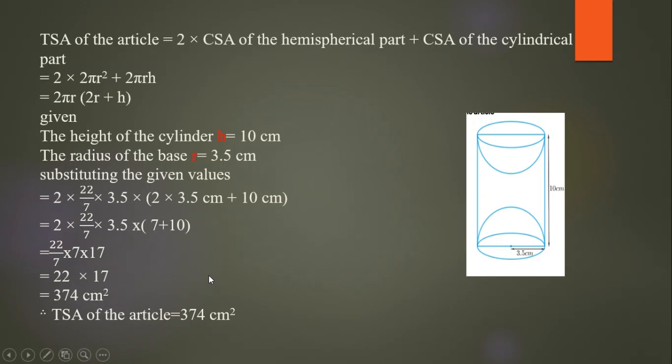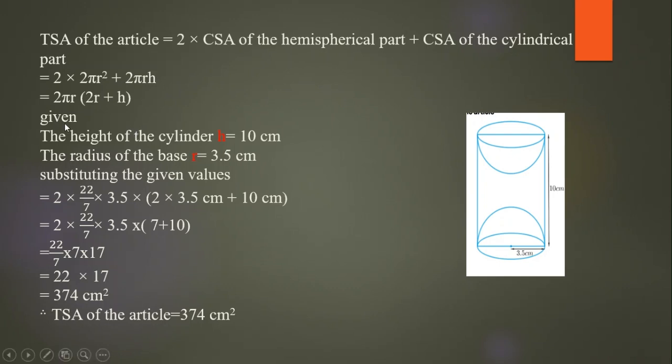This can be done in another way also. What is that way? We can find the curved surface area of the hemispherical part individually and the curved surface area of the cylindrical part individually, then adding them together we will get the total surface area of the article. In any way you can solve the problem.